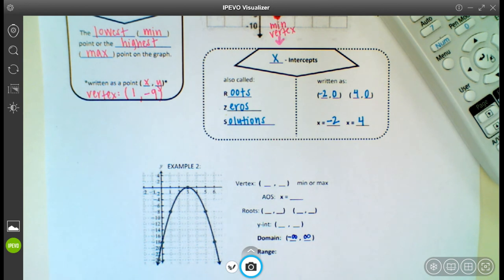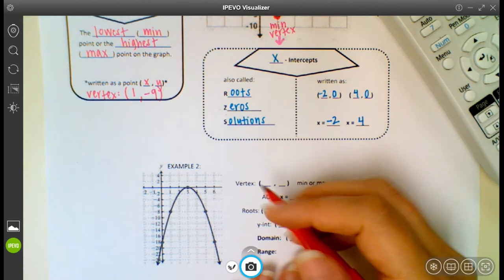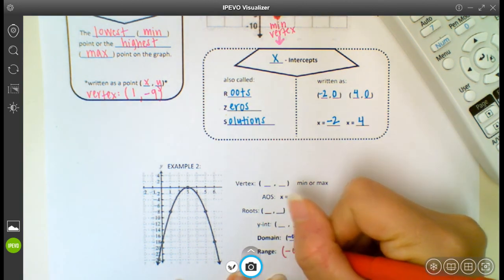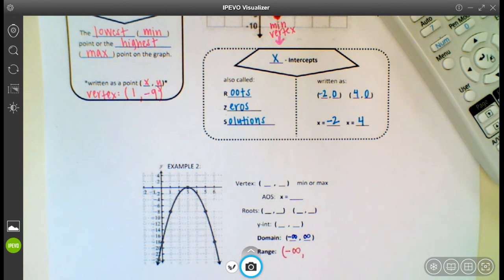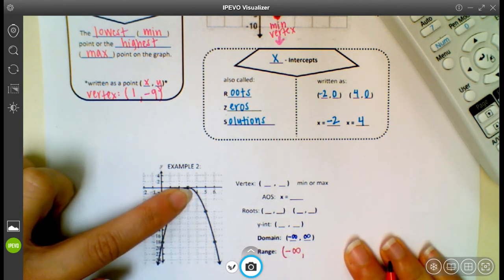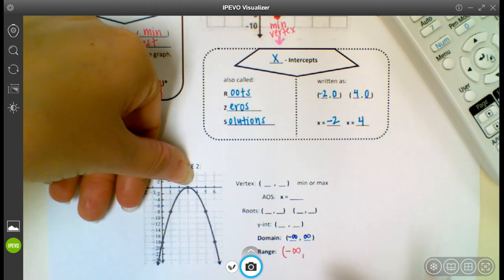The range, however, is how low to how high, or how far down to how far up. So looking at our U-shape, we keep going down and down infinitely. So our range is going to start from negative infinity, comma. We're going to work our way up to the highest point, which will be our vertex here in just a little bit.